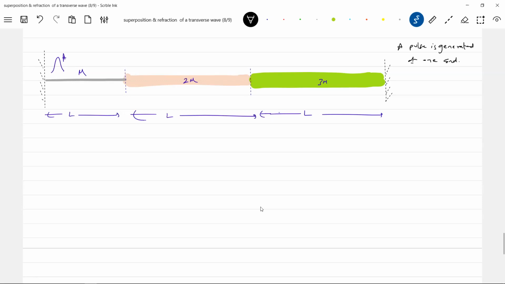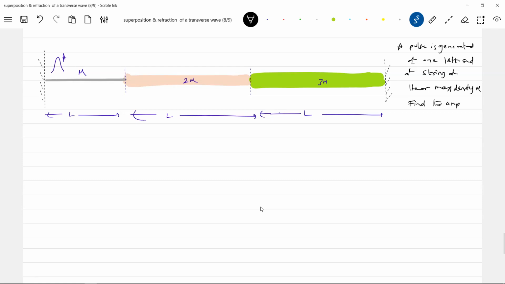A pulse is generated at one end, at the left end of a string of linear mass density mu.